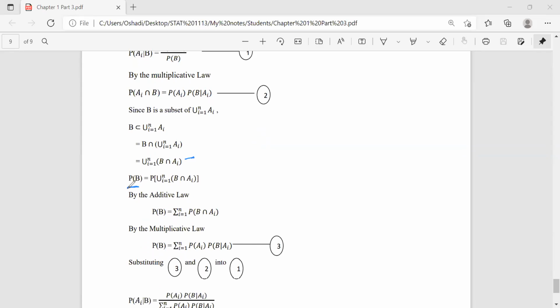So using the additive law, since there is a union, we can use the additive law. Using the additive law, we can write this as a summation of probability B intersection Ai. So B intersection Ai can be written using the multiplicative law as P(Ai) into P(B given Ai).